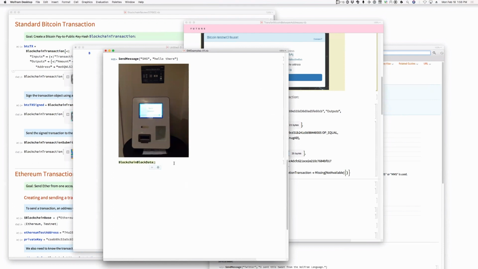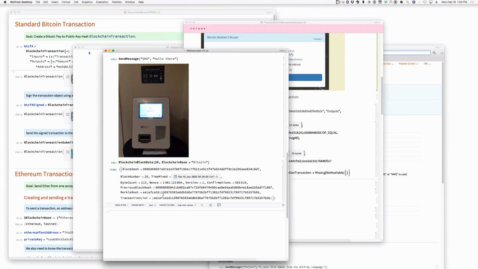So for example, let's say for the first 20 blocks of the Bitcoin blockchain, okay, so now what would I do? I would say blockchain transaction data. No, you can just extract a transaction list of blockchain block data.